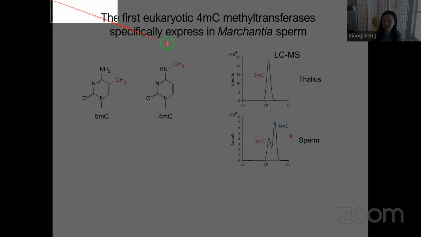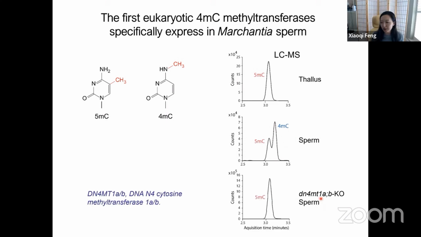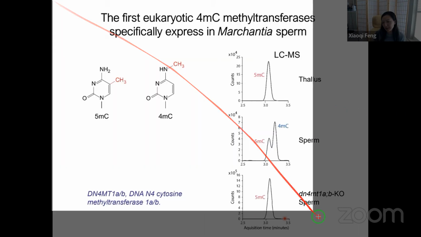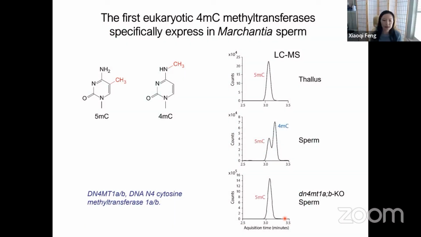And in the sperm from the double knockout mutants of the methyltransferases, the 4mC peak disappeared, demonstrating that these enzymes are really catalyzing 4mC in the sperm. So we name these enzymes DN4MT1A and B, standing for DNA N4-cytosine methyltransferase 1.